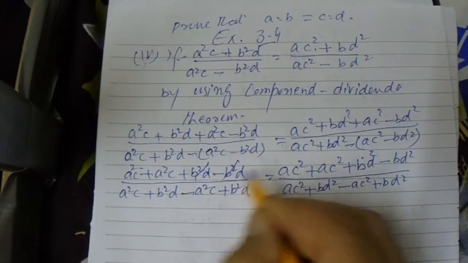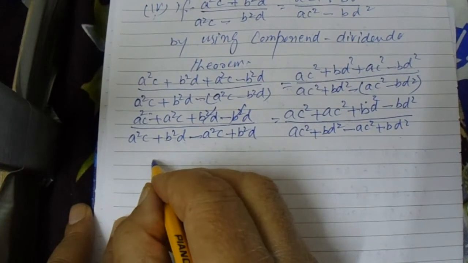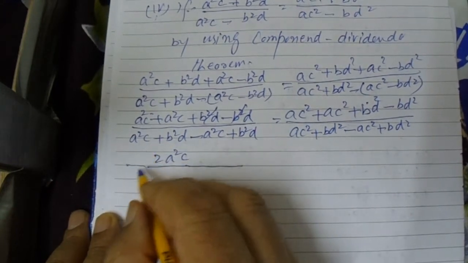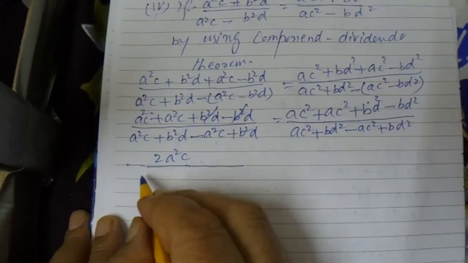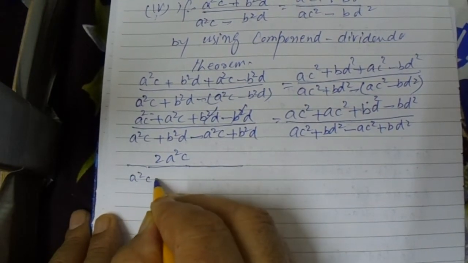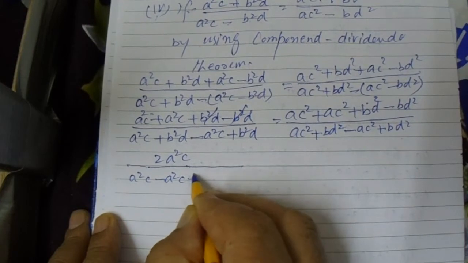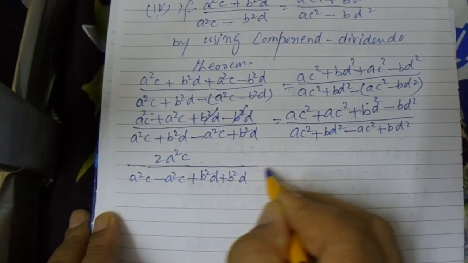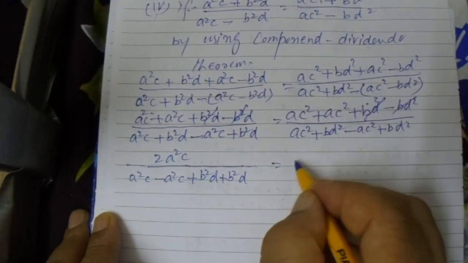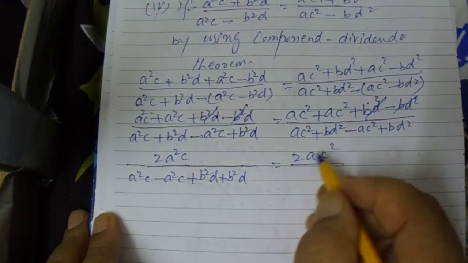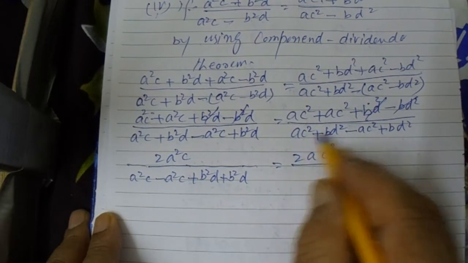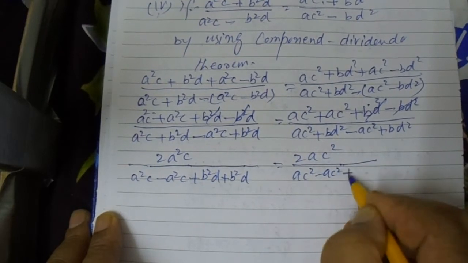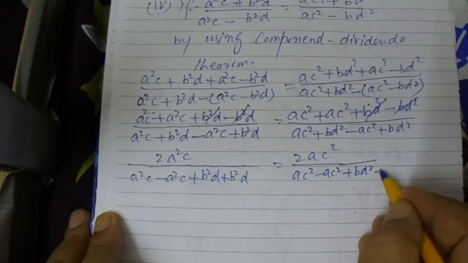Now this will cancel and we have in the numerator 2A square C over, we write this A square C minus A square C plus B square D plus B square D is equal to, this will cancel, 2AC square over, we arrange these terms, AC square minus AC square plus BD square plus BD square.